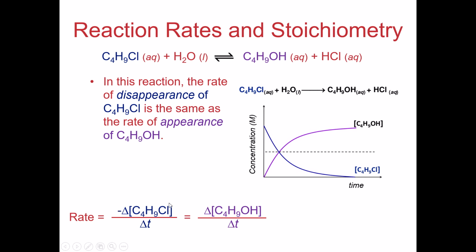Change in concentration of reactant over change in time is equal to change in concentration of product over change in time. Notice the only difference is the negative out front. Typically you see a negative in front of reactant ratios because reactants are decreasing. Products would not have the negative sign because products are increasing.